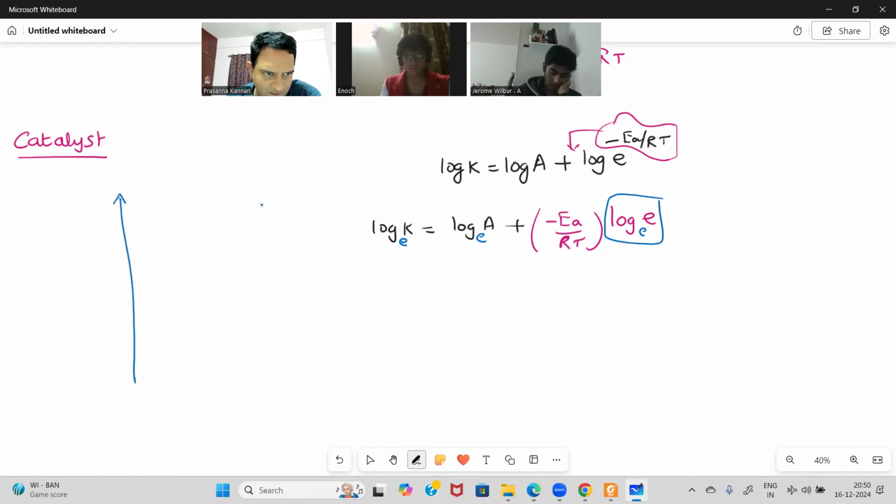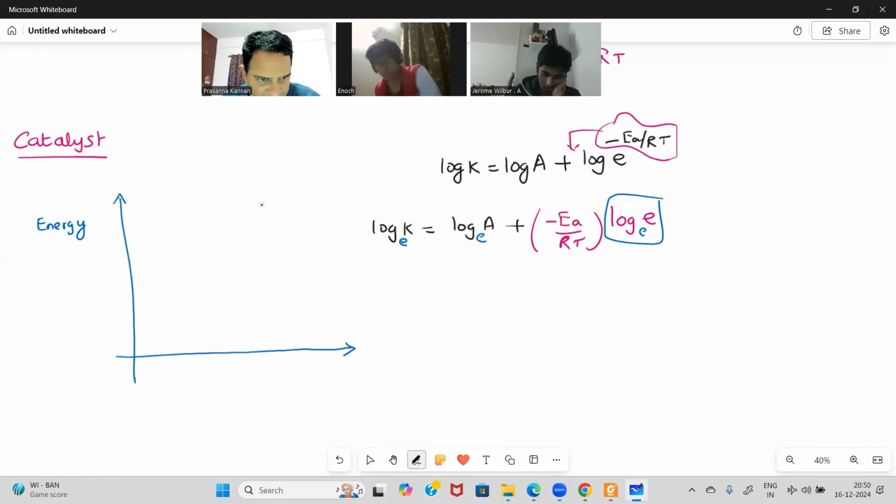In simple words, let's say this is your energy profile. Okay, now if you see, let us say the reactants' energy is somewhere here, okay? Let's say to form the products, the product energy is somewhere here.